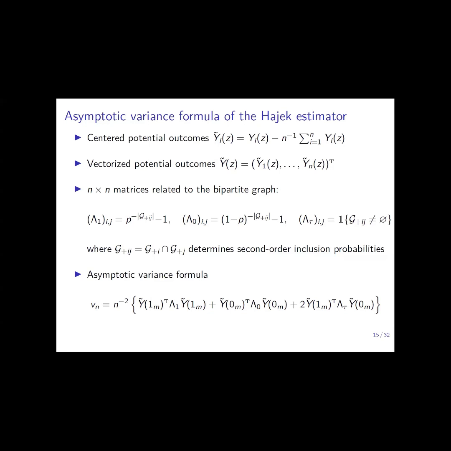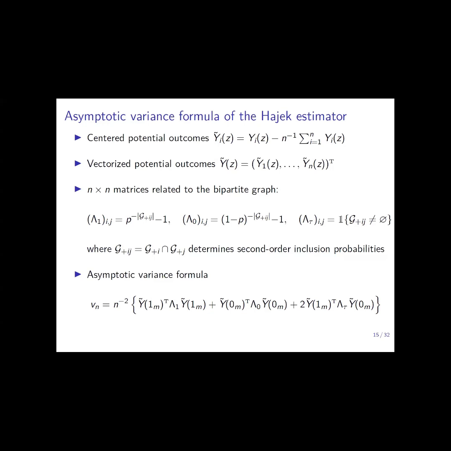Fancy G plus Ij is the intersection of G plus I and G plus J. Recall, what's the G plus I? It's the intervention units connecting to outcome unit I. This is the intervention units connecting to outcome J. And the intersection, if you talk about I and J, is the common treatment units we worry about.